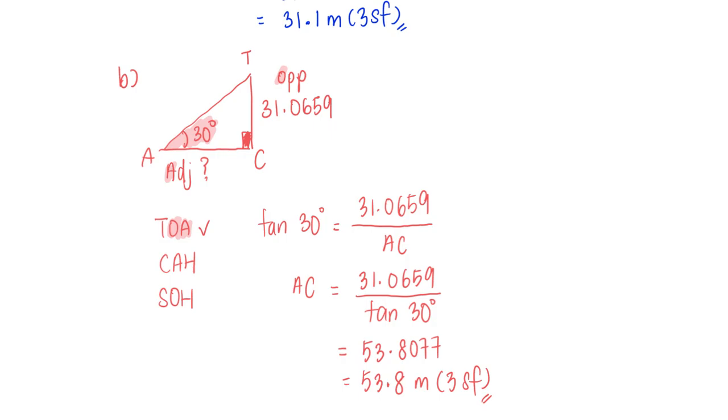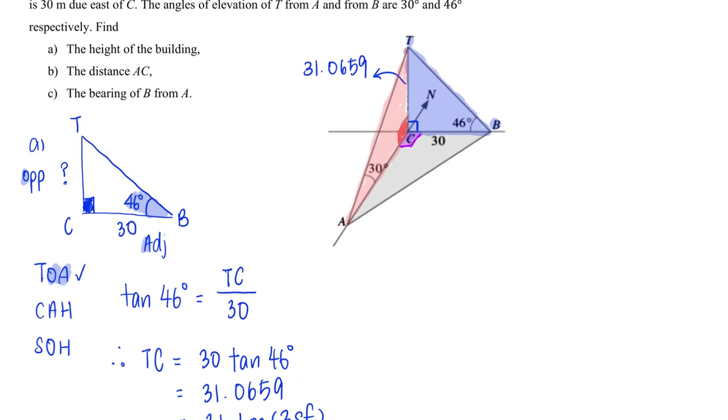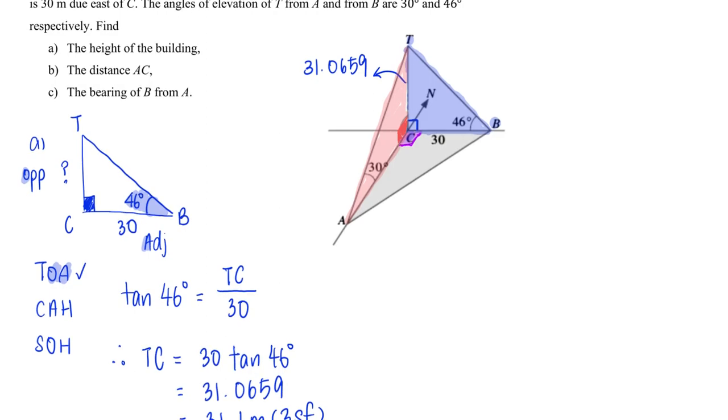And now, for my part C, we are required to find the bearing of B from A. From where is the north arrow? The north arrow is here, since we are talking about bearing.